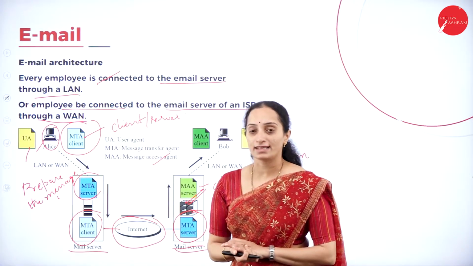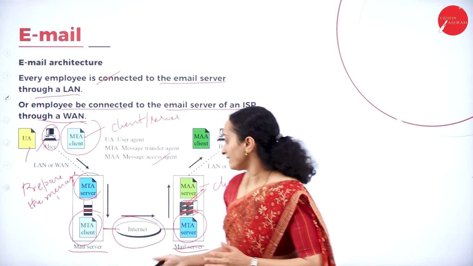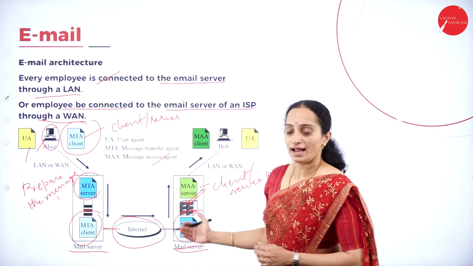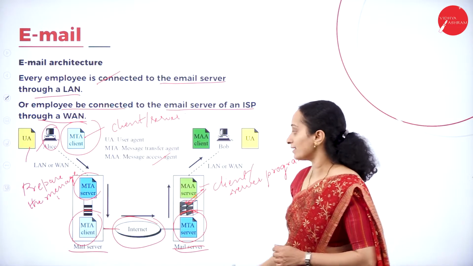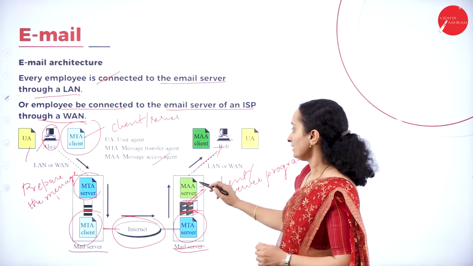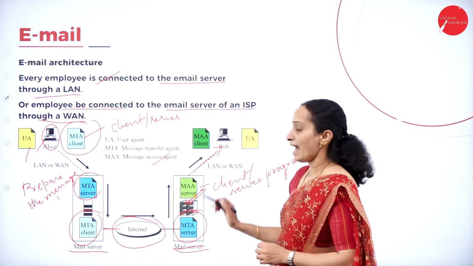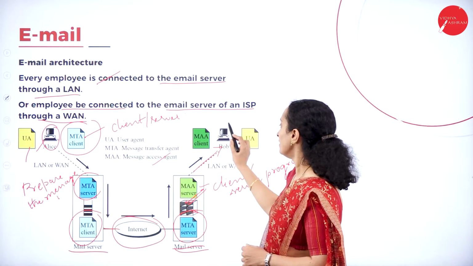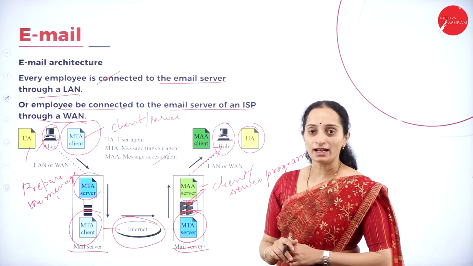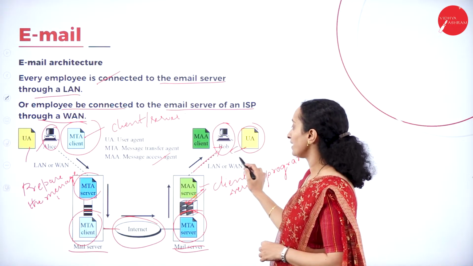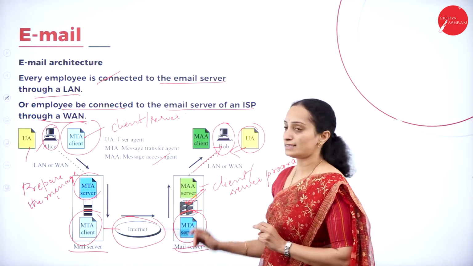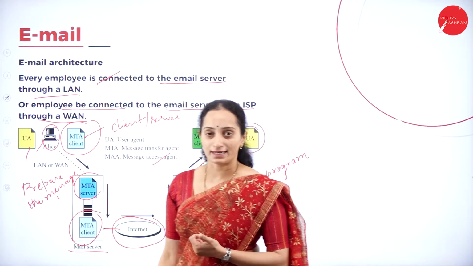It is also a client server program which has the client in the receiver's machine and the server at the mail server's location. The message access agent will allow the receiver to access the mail and read it with the help of the user agent. Okay, it will make Bob, the receiver, ready to receive the message. Once it is received, the receiver can read the message.